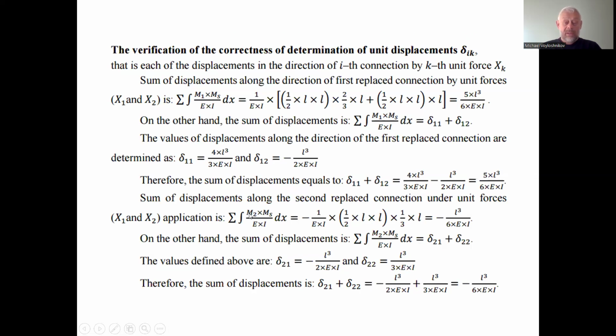And we can just find the Mohr integral, and we can find the displacement due to the product of the diagrams of the moments in the abstract direction S, which we consider as the total of the two directions' displacements here.